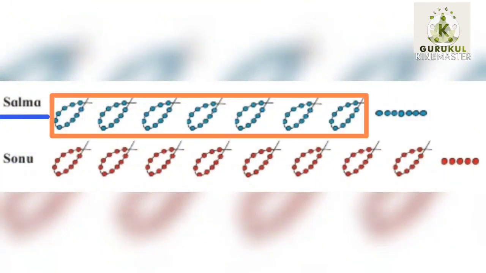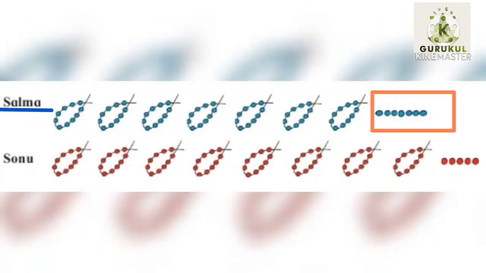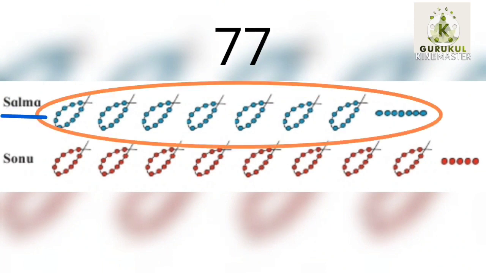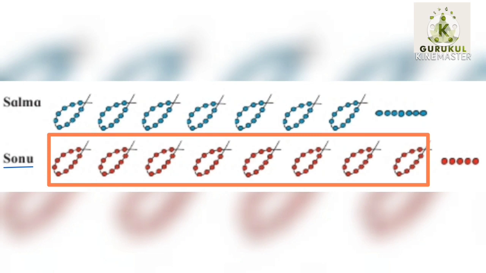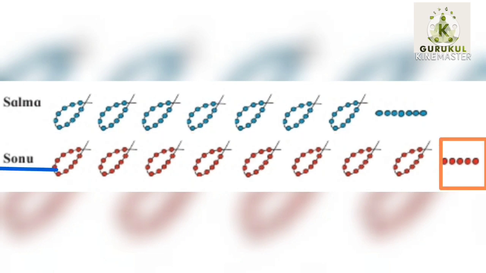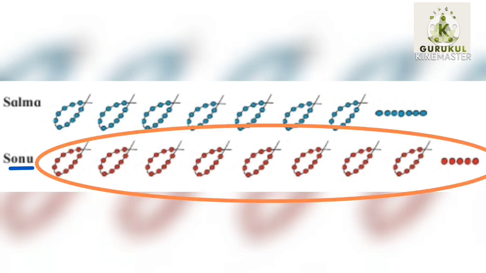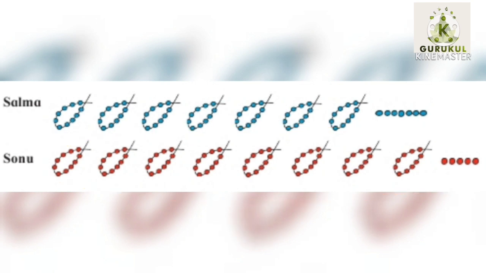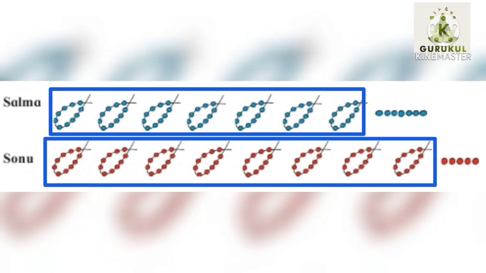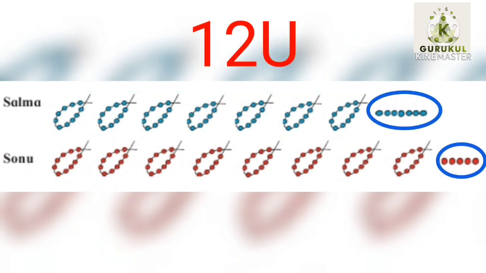Salma has 7 strings of 10 and 7 single beads which make 77 beads. Sonu has 8 strings of 10 and 5 single beads. That makes 85 beads in total. When they put together the strings and the beads that the two of them have, they got 15 strings of 10 and 12 single beads.